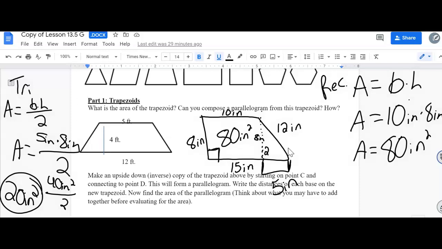Talk to your neighbor. What is the area of this trapezoid? What do you think? What do you think?